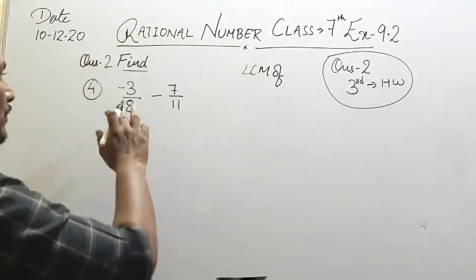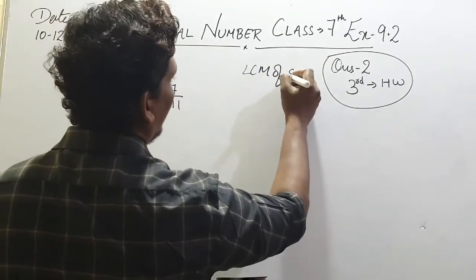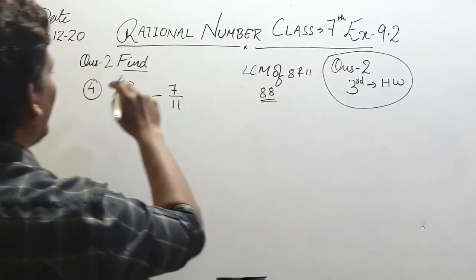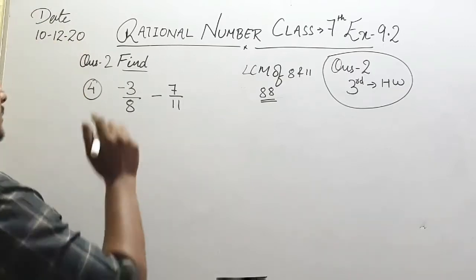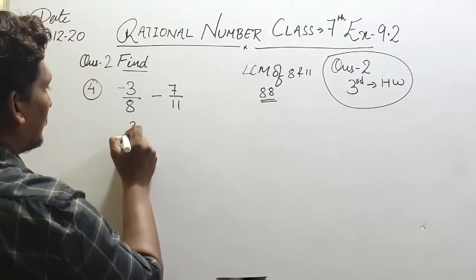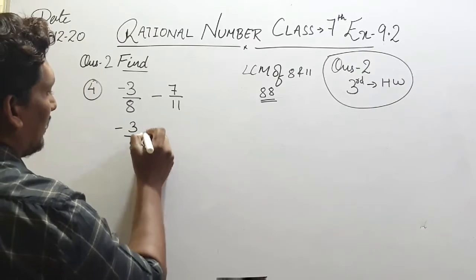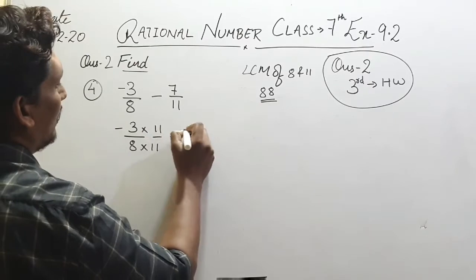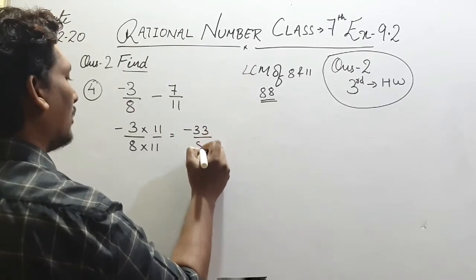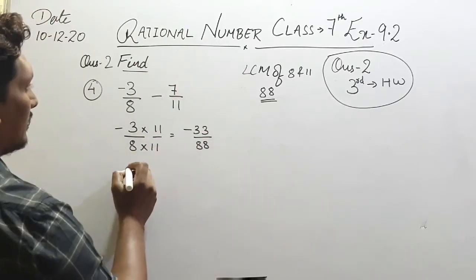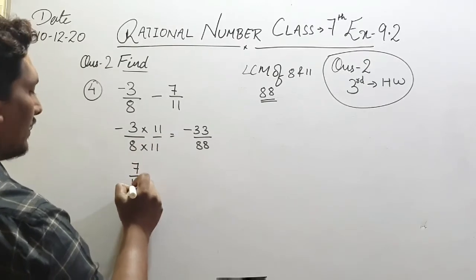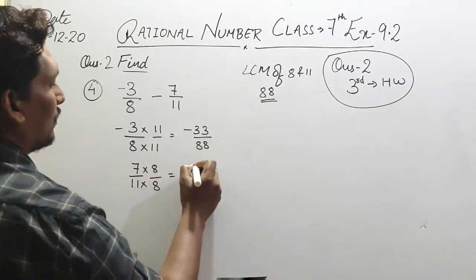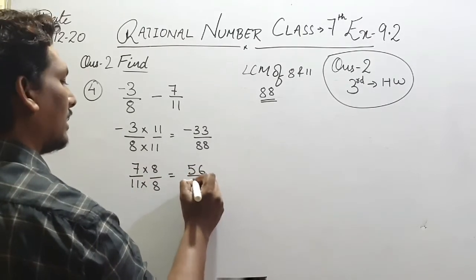So here first we are going to find the LCM. The LCM of 8 and 11 is 88. No need to add this minus and minus. First we multiply with 11, we got minus 33 upon 88, and 7 by 11, just multiply with 8, 56 upon 88.